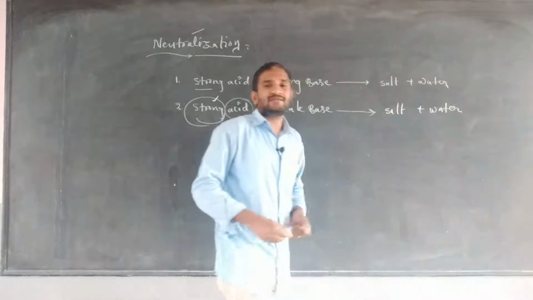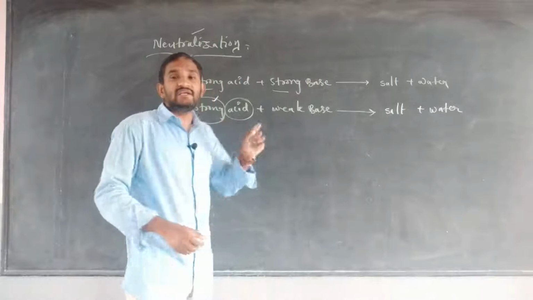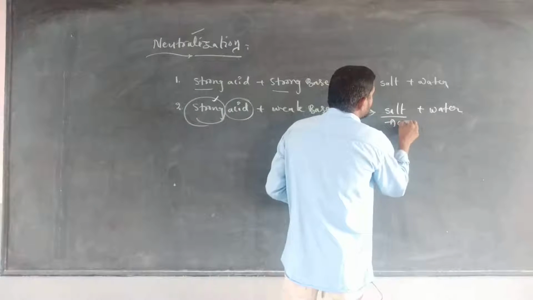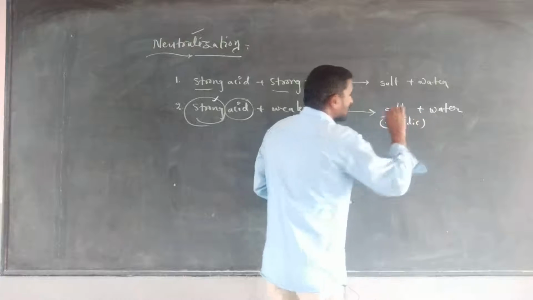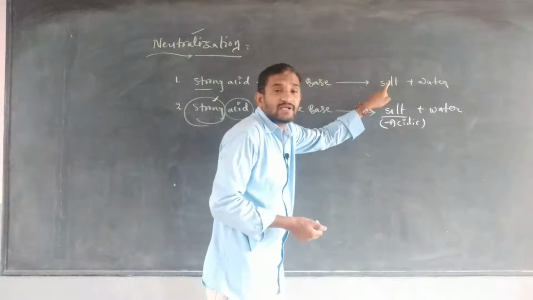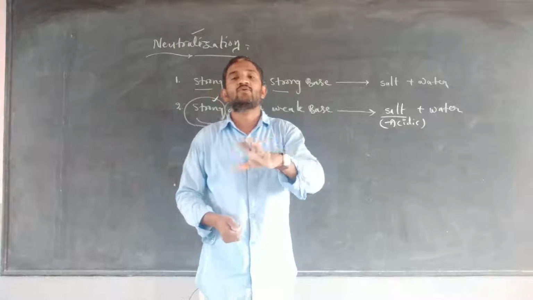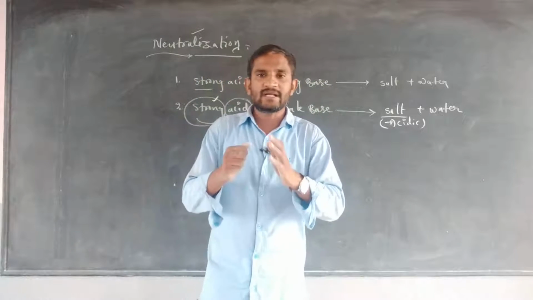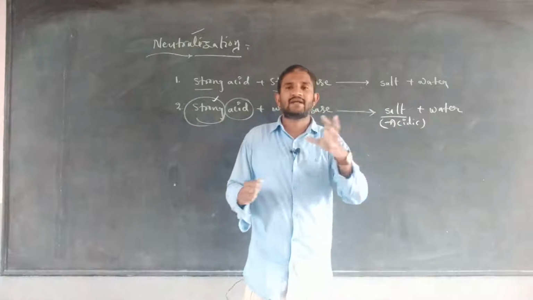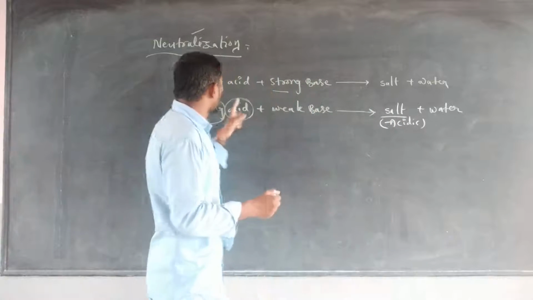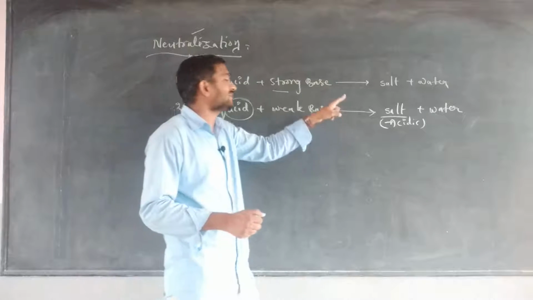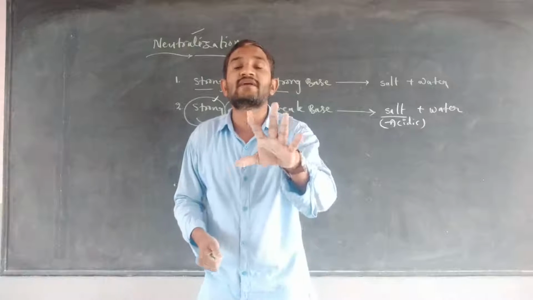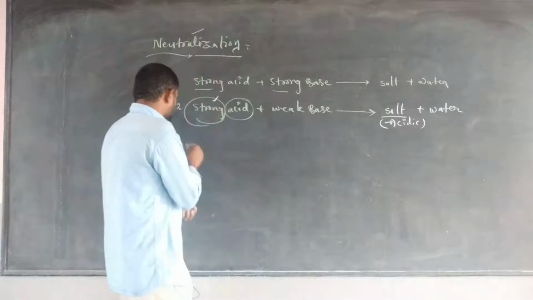Since the acid is the dominator, the salt formed has some acidic nature. In the first reaction, the salt doesn't have any acidic or basic nature. But the salt formed in the second reaction has acidic nature only. That we have to remember.